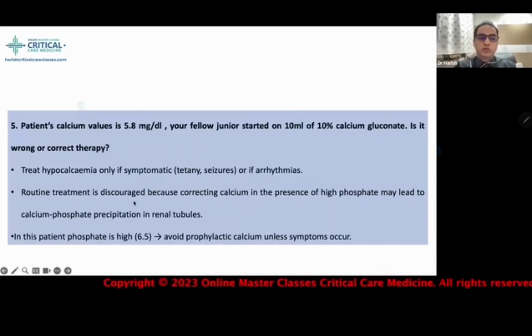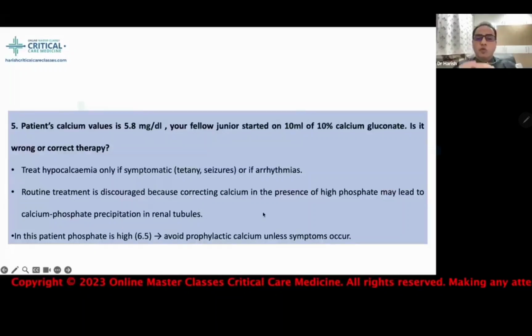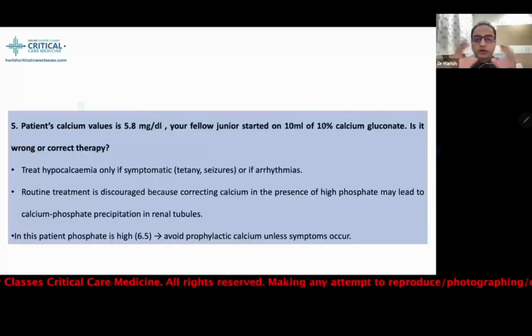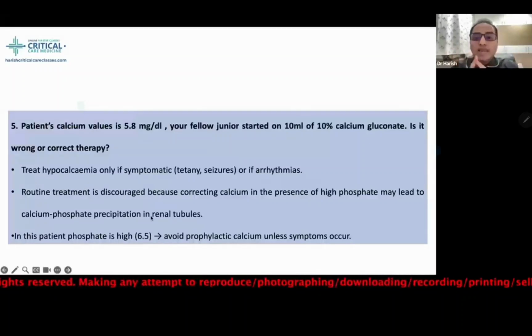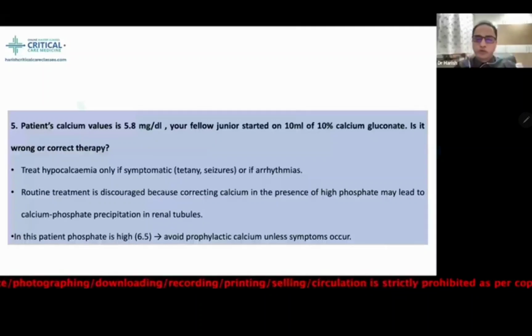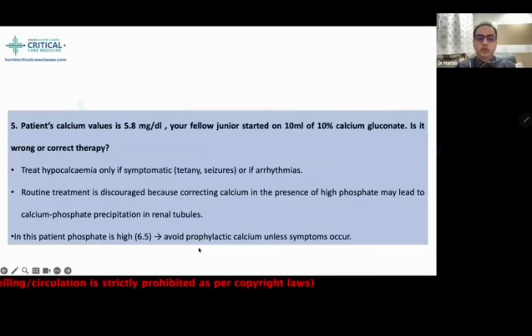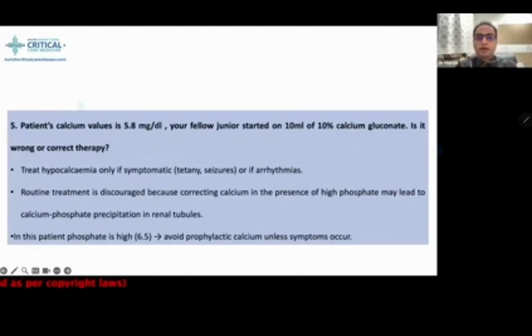Routine treatment is discouraged because whatever calcium you give, with a high burden of phosphate, it combines with the calcium and forms calcium phosphate precipitation in renal tubules that leads to crystal nephropathy and worsening of your acute kidney injury. So in this patient, the phosphate burden is already high, it is 6.5. So avoid prophylactic calcium unless the patient is symptomatic or having ECG changes. Very, very important question. Okay.